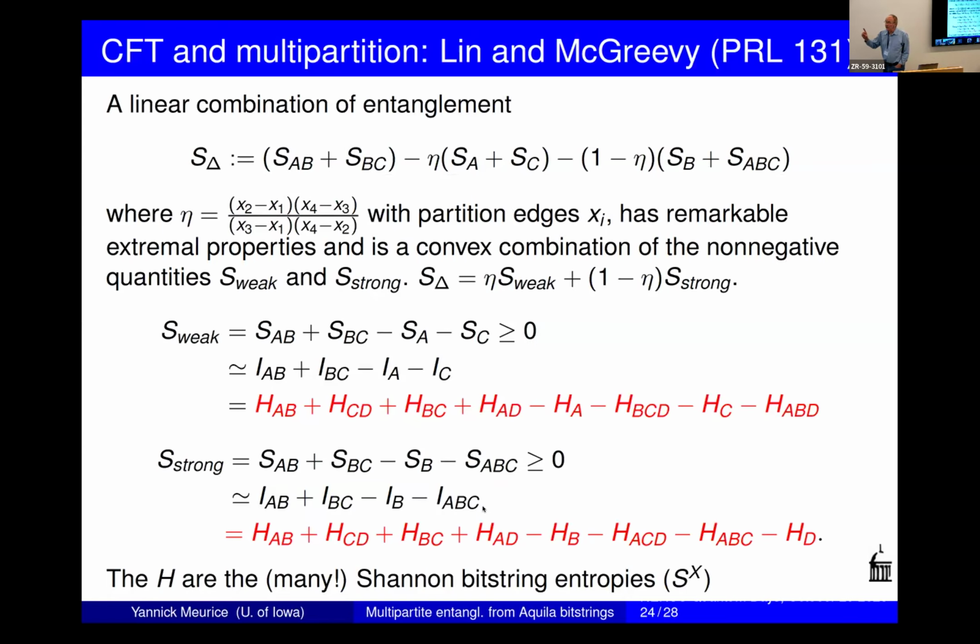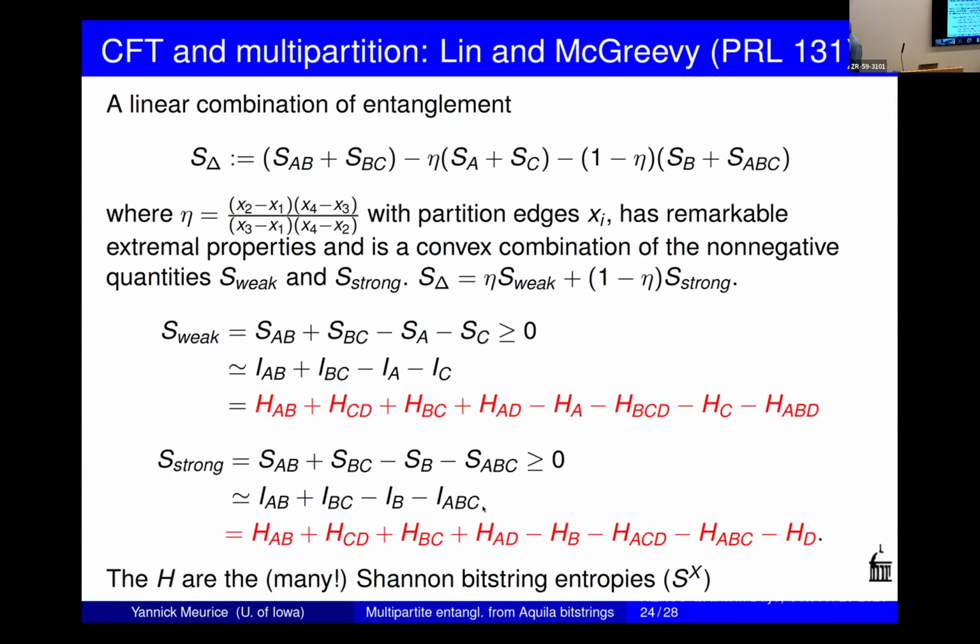Then the goal was to get this multipartite entanglement that people study in the CFT. They have a weak and a strong combination of multipartite entanglement, and we estimate them with the Shannon version, which is called H, like in Shannon's paper.